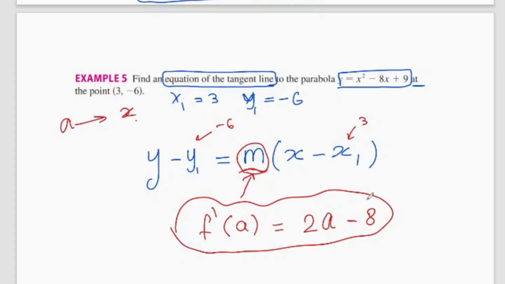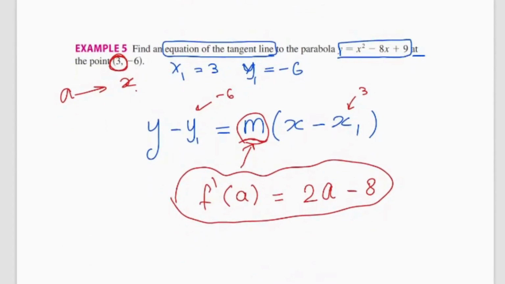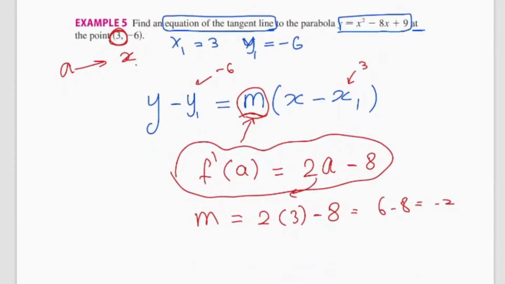We are looking at the slope at a equals 3, or x equals 3. So to find m, I'm gonna just substitute a by 3. Then it will be 2 times 3 minus 8, which is 6 minus 8, equal to negative 2. This is the slope.